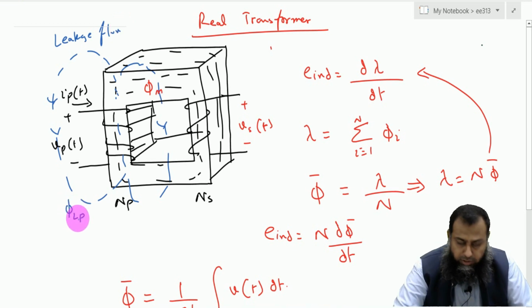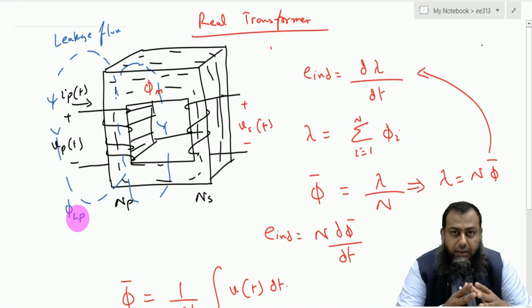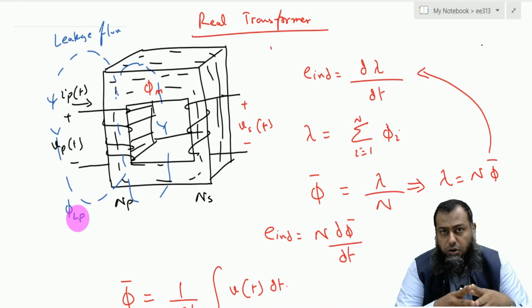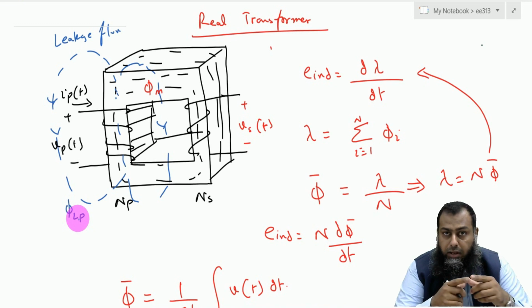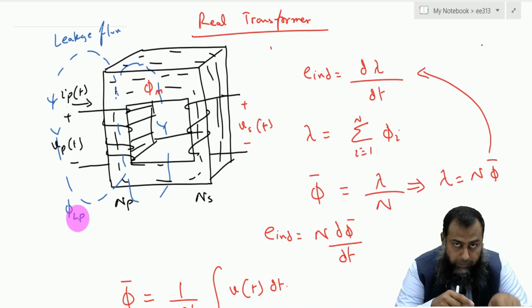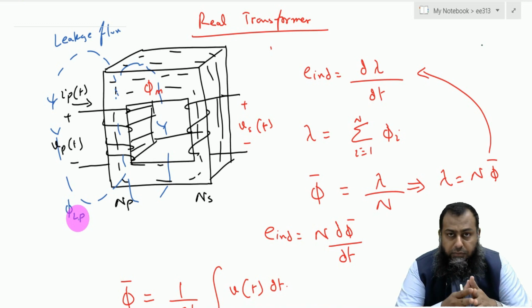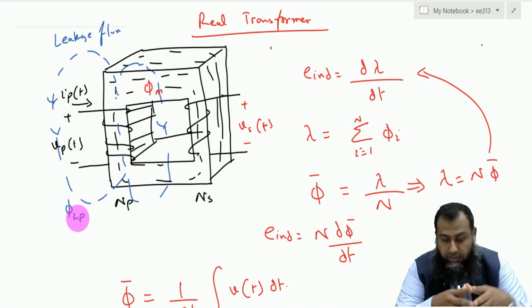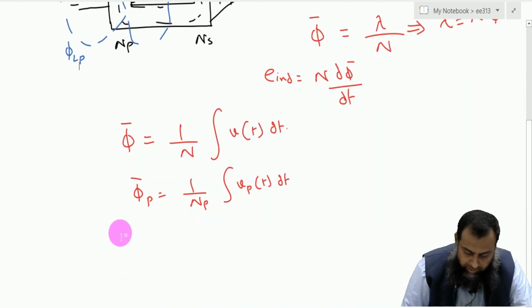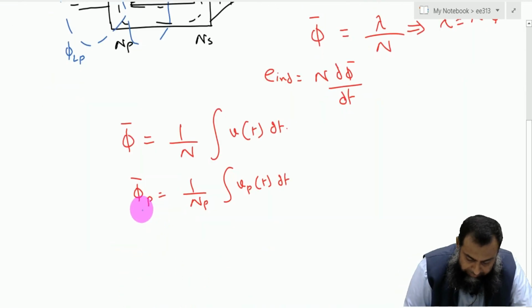So if we have a real transformer, not all the flux links with the secondary winding and the core. Rather, some of the flux remains in the air. It completes its path through the air, and therefore that flux is of no use, and hence we call it a leakage flux.